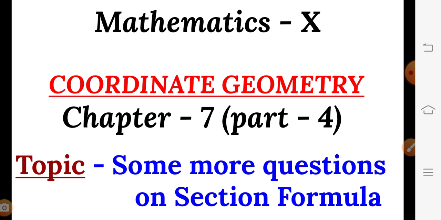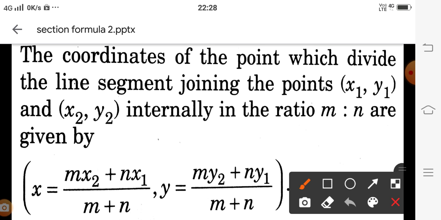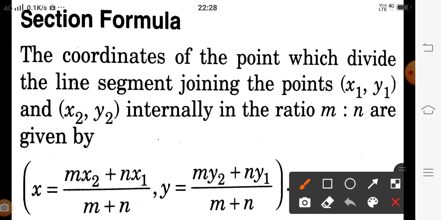And the concept we know: if any two coordinates are given, then on joining those two coordinates we get a line segment, and if we take any point on that line segment, we are able to find the coordinates of that point by using the formula.